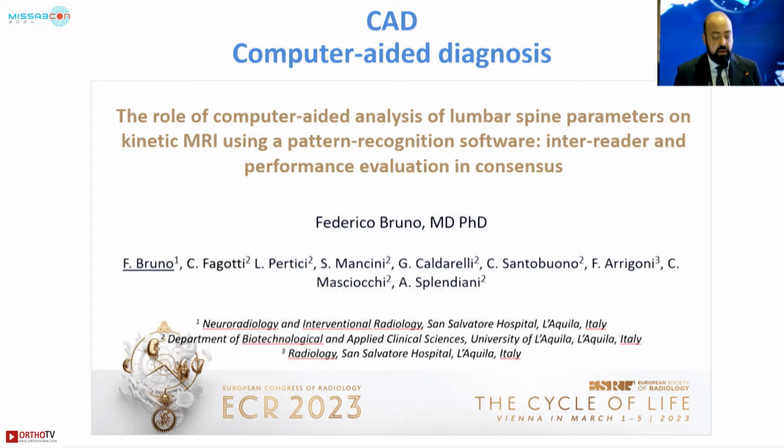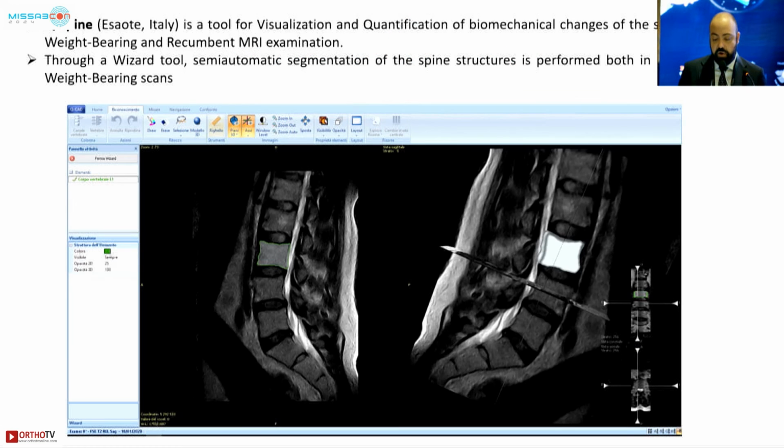And this, as also Dr. Majan showed, can be useful with the use of computer-aided systems such as Q-Spine, and this was our experience, also shown at the last ECR Congress.